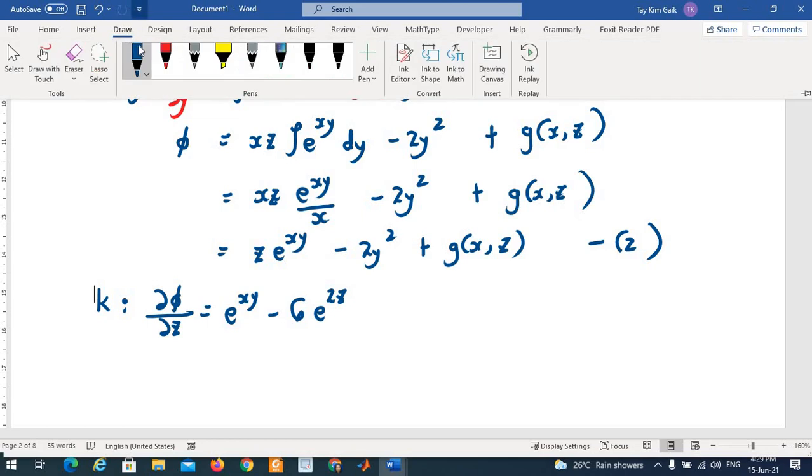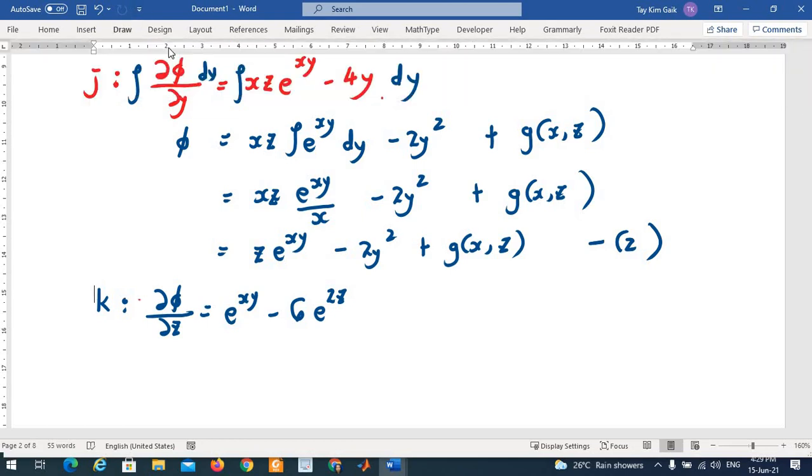Here you can integrate both sides with respect to z, so you get phi. When you integrate with respect to z, x and y are constant, so e^(xy) gets multiplied with z.